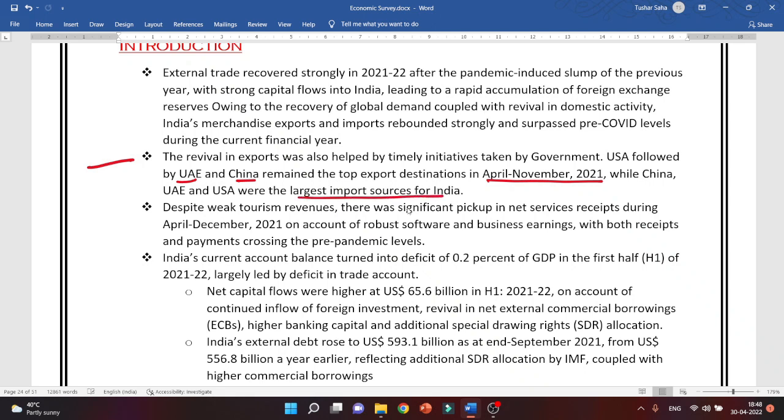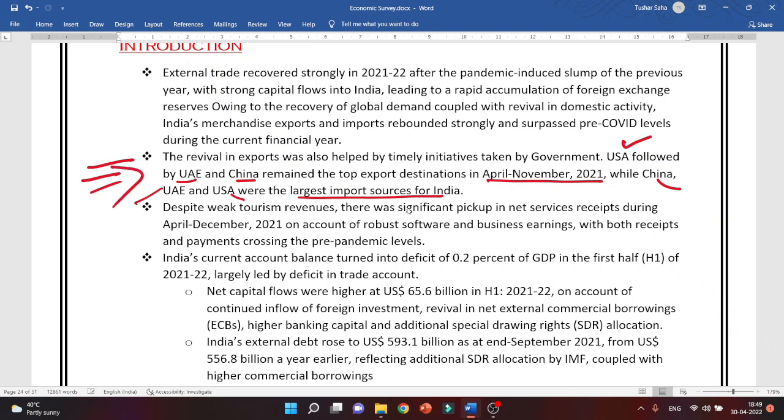So what you have to remember, all 3 countries at the same place. The majority of the export that we have done is to USA, then to UAE, then to China. But the majority of the imports that we have imported is from China at number 1, UAE at number 2, USA at number 3. Very crucial data, right?